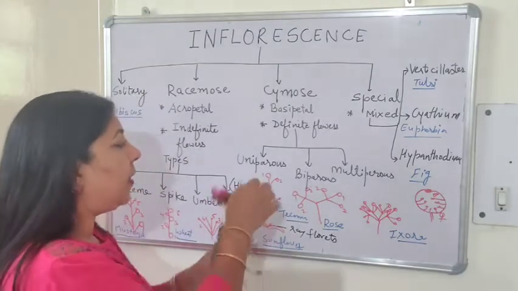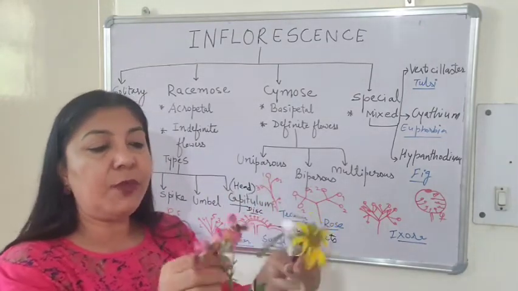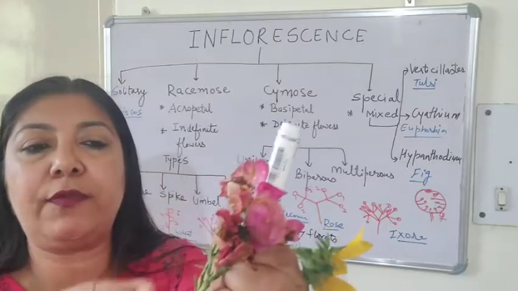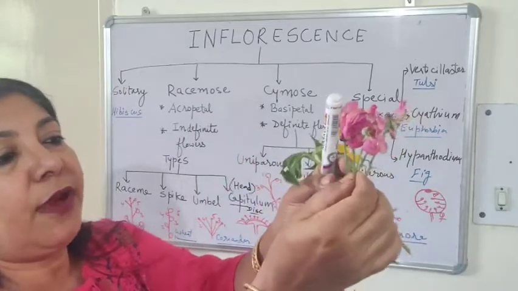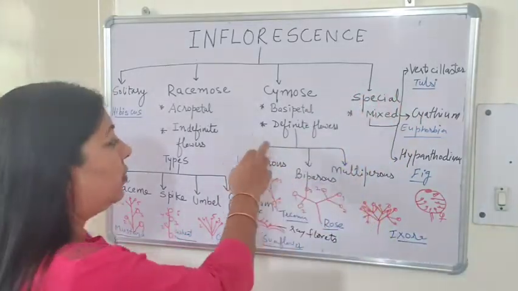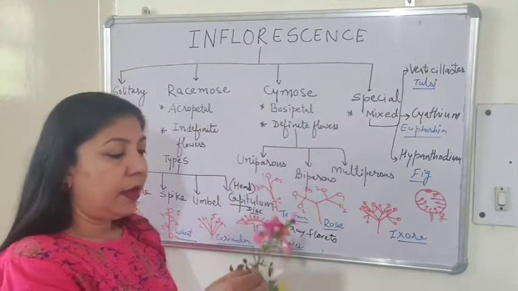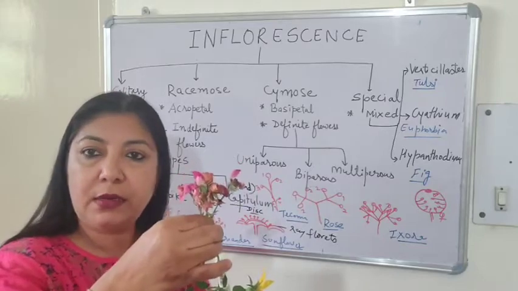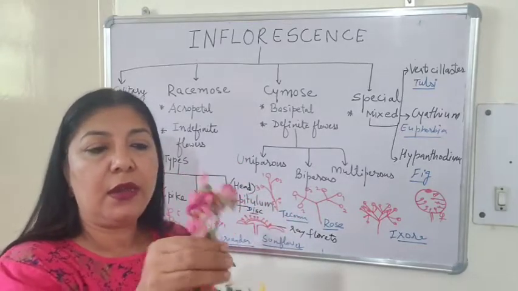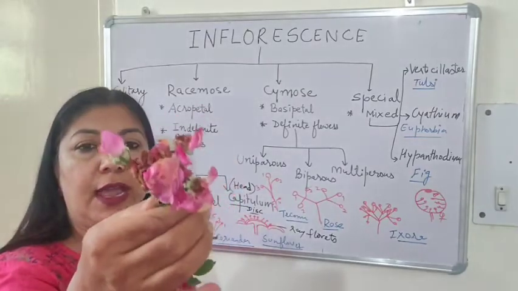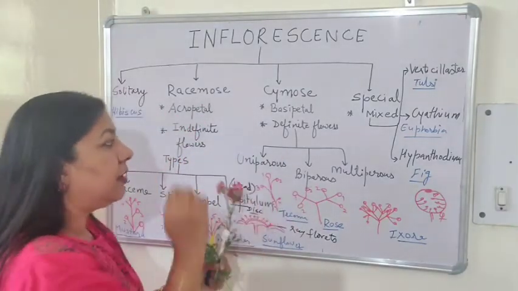Here the arrangement is basipetal, which means the central portion has got the oldest flower and the youngest flower will be towards the base. Okay, so first point. Then the growth of the floral axis is limited, so there are a limited number of flowers. Now there will not be any other flowers on this floral axis. So this is the cymose.